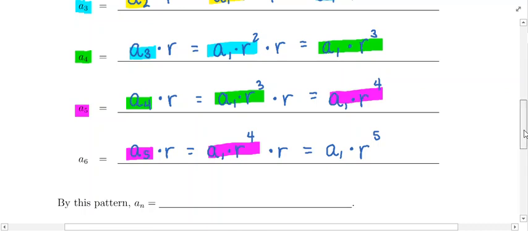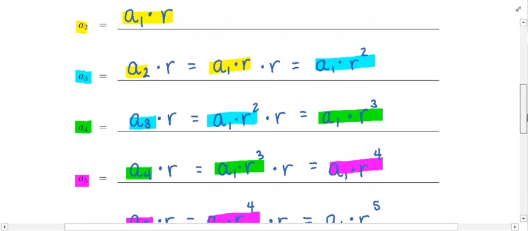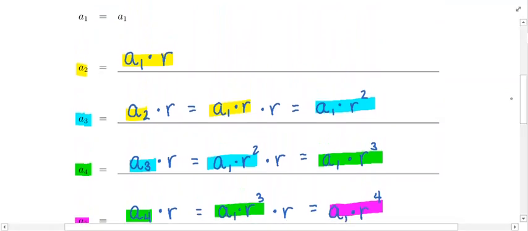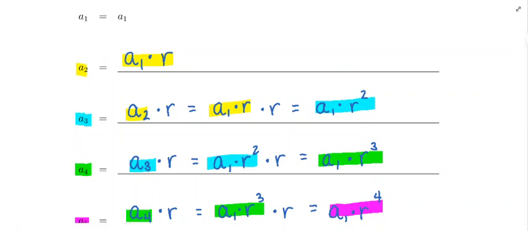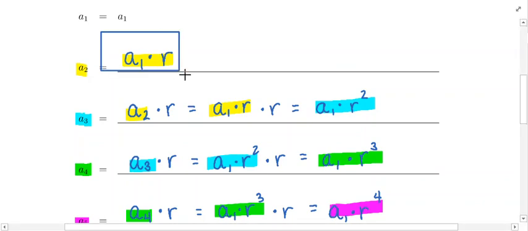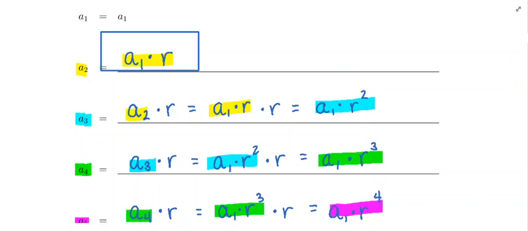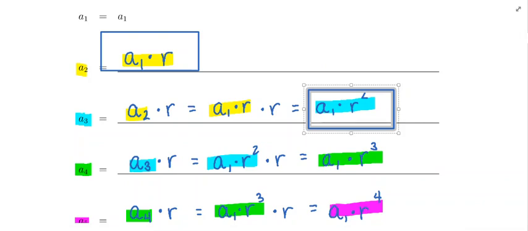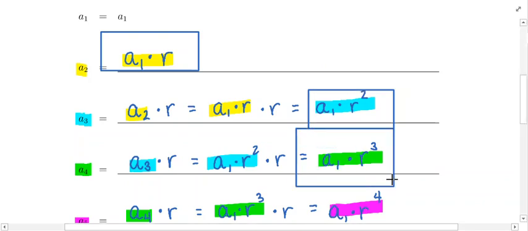All right, so now we should hopefully see the pattern. If we go back and look at this, A1 is A1, but A2 is this guy, and let me go back and box. We're looking at the end game, what we got at the very end.